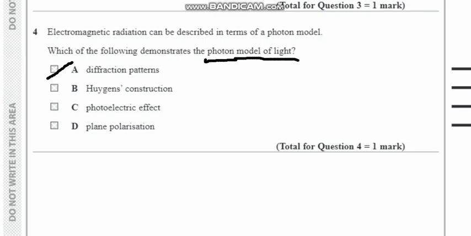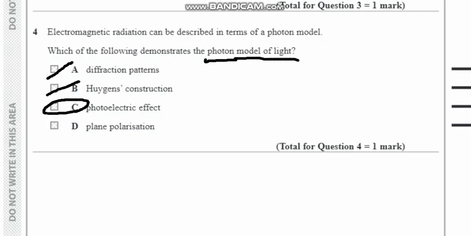Moving on to the B part, which is Huygens construction. This is also related to the wavelengths and the momentum. Coming back to the C part, which is the photoelectric effect. Now this is the option we are looking for, the mechanism provided by Albert Einstein, dealing with the photon model of light.